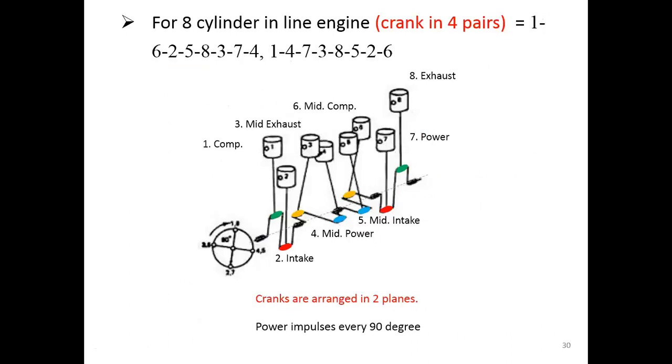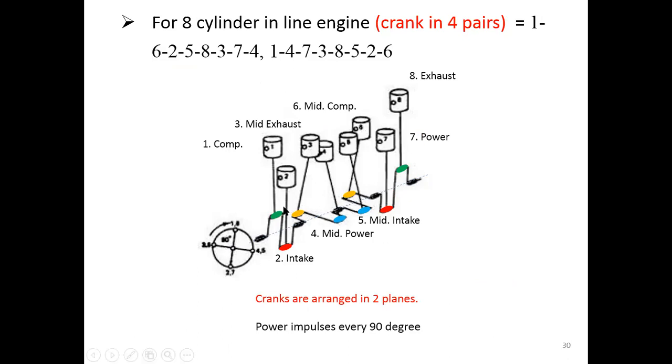For the 8-cylinder, you have cranks in 4 pairs, 4 colors shown like this. But for these 4 pairs, the cranks are arranged in only two planes. That means you have 2 pairs in the same plane and the other 2 pairs of the cranks in the same plane.